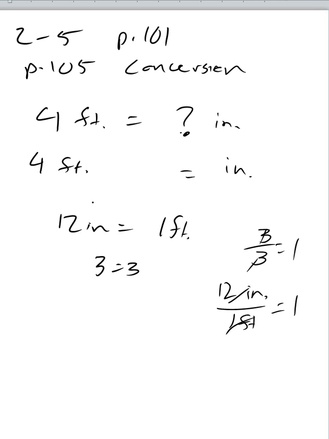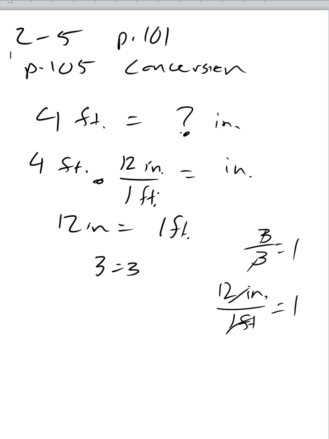And that's what we're going to want to use here to convert feet to inches. Then it's just a multiplication problem. I know that 12 inches is 1 foot. I need to put inches in the numerator because that's what I want to get to in the end. I also want my labels of feet to reduce out, just like we did when multiplying fractions.